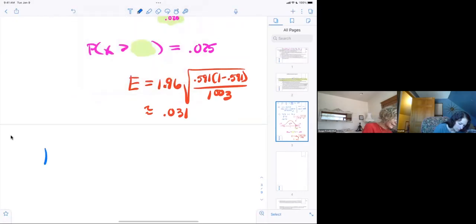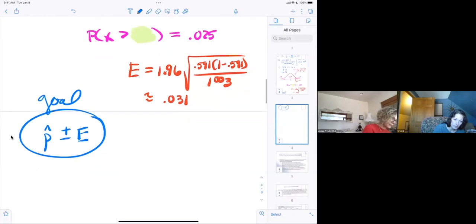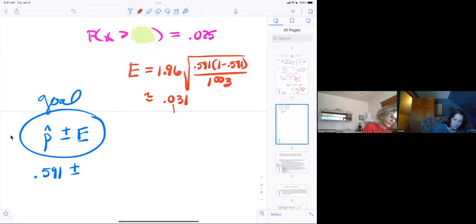So I remember that this is what I'm trying to find. There's my goal: find that confidence interval. So we have 0.591 plus or minus this error of 0.031.